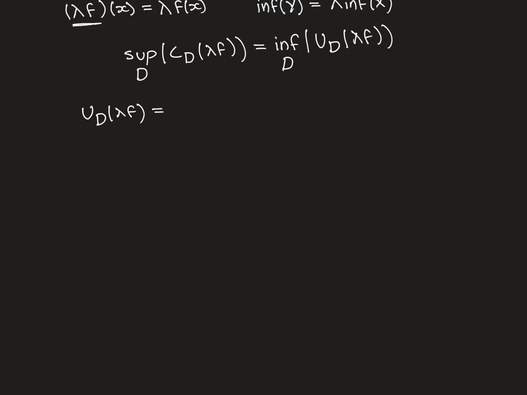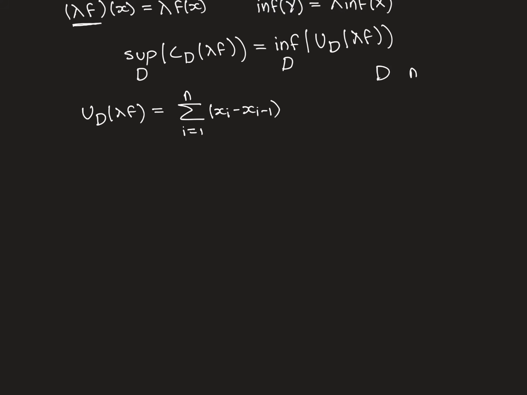By definition, firstly let's say our dissection D is a general dissection, cutting that interval ab into n pieces. So it will be the sum from i equals 1 to n of x_i minus x_{i-1}.